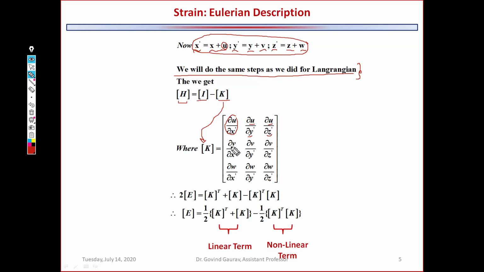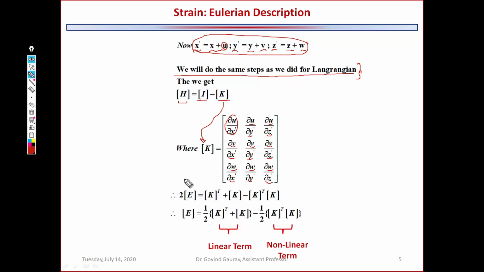Again the second row, the partial derivatives of v, which is the displacement in the y direction, with respect to x dash, y dash, and z dash, and again the third row, the partial derivatives of w with respect to x dash, y dash, and z dash.